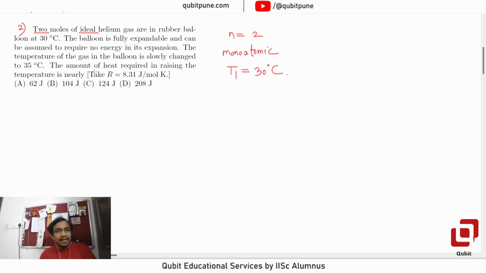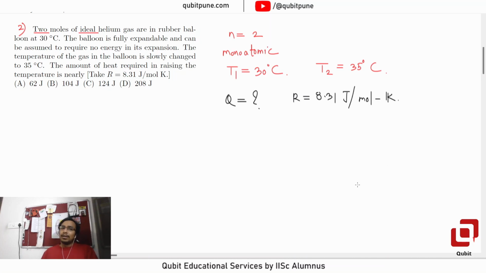The temperature of the gas in the balloon is slowly changed to 35 degrees Celsius, so T2 is 35. The amount of heat required in raising the temperature is asked. So we want to determine Q and we are given R as 8.31 joule per mole Kelvin.